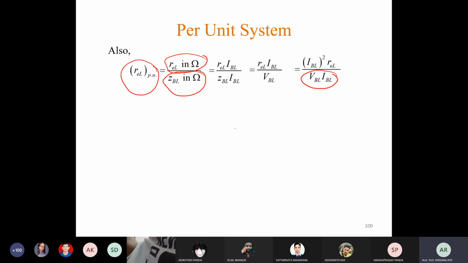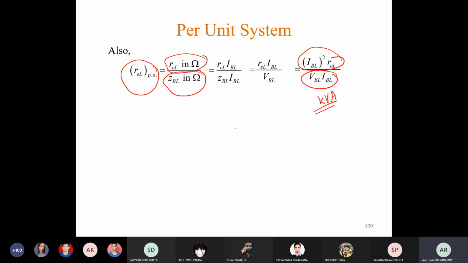So VBL IBL, what is this? This is the KVA rating or VA rating. KVA can be converted into VA by multiplying by 1000. And IBL square REL, what is this? Copper loss.